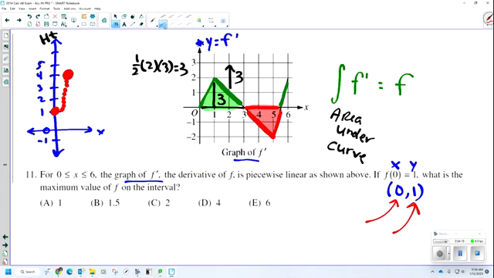This distance from 3 to 5.5, that's 2.5, and this height is 2. So it's 1/2 times 2 times 2.5. Well, a half and 2 cancel, so it's really 2.5. So it drops down. The area of this triangle is 2.5, which means it's going to go down 2.5 units.